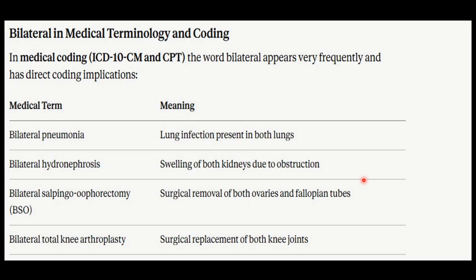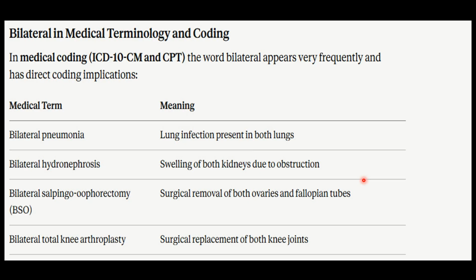Then next is bilateral hydronephrosis, which means swelling of both kidneys due to obstruction. Okay, so look carefully, here we are talking about swelling in both kidneys. So whenever this term both is there, that means we are talking about two parts at the same time, and that is called bilateral pneumonia or bilateral hydronephrosis.